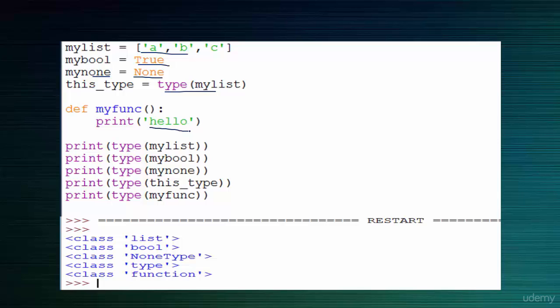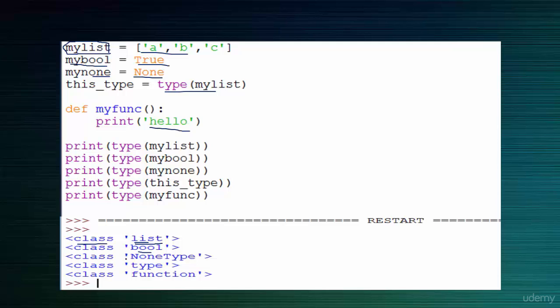Here if I print the type of my list, I'll get class list, which means that this is an object of the main class in the Python programming language called list. Here, mybool equal to True means that mybool is an object of the class bool, and mynone, which equals None, is just a NoneType.